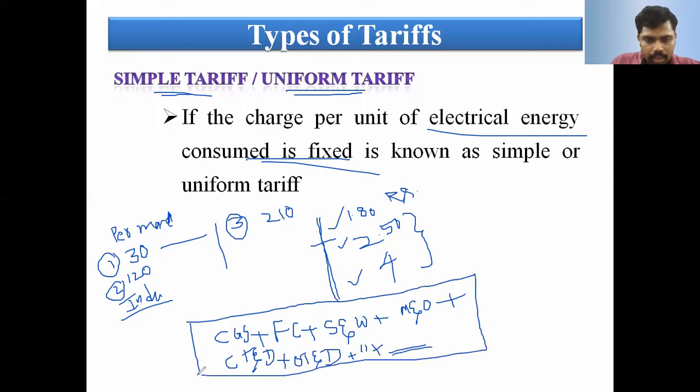We need to consider all these parameters. All these parameters are divided by the number of units generated for that period, that is on the day or on that week or for the duration of a month. But the tariff we calculate on an average yearly, that is per annum.